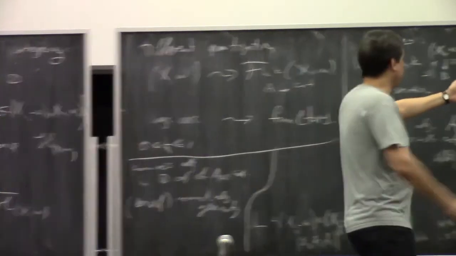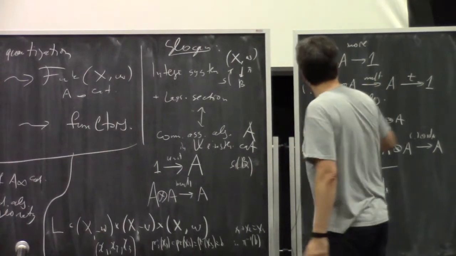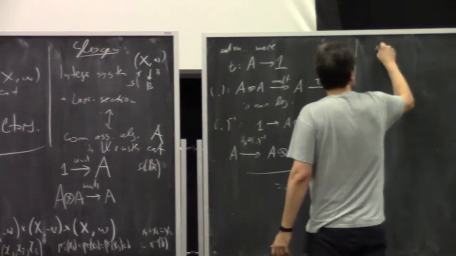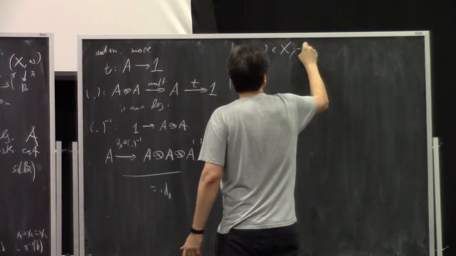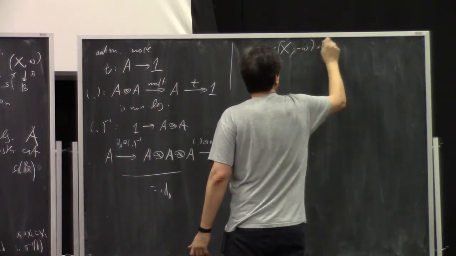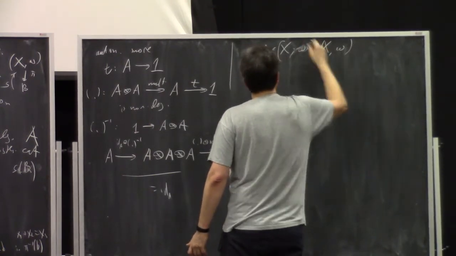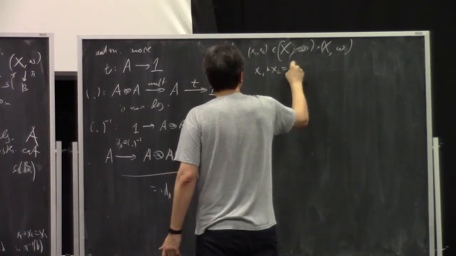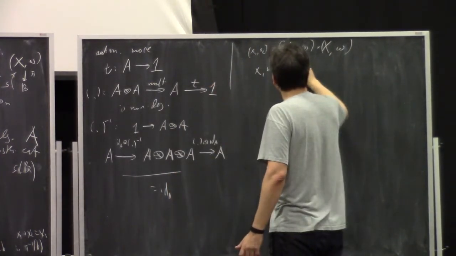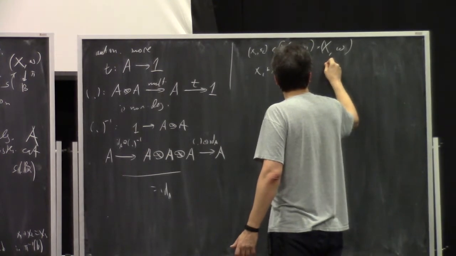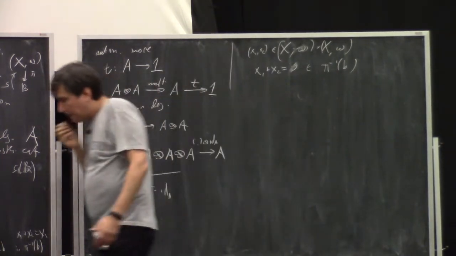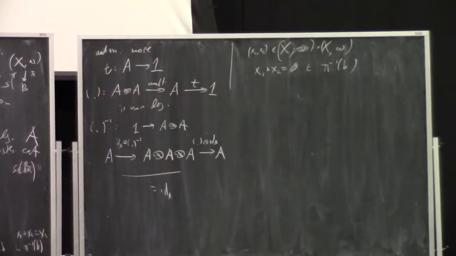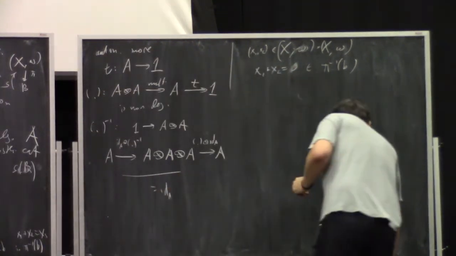And this pairing or co-pairing is given by a pair of points x1, x2, and x, with the same sign, so that x1 plus x2 is equal to 0 in the fiber. Okay, so up to now it's all pretty clear.